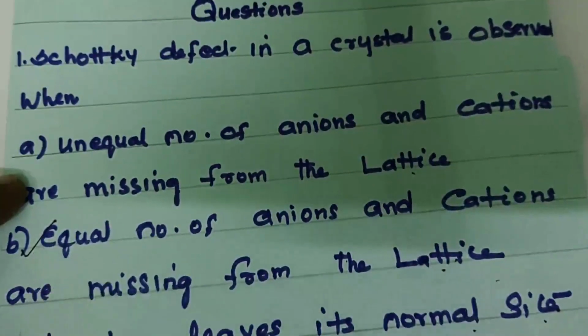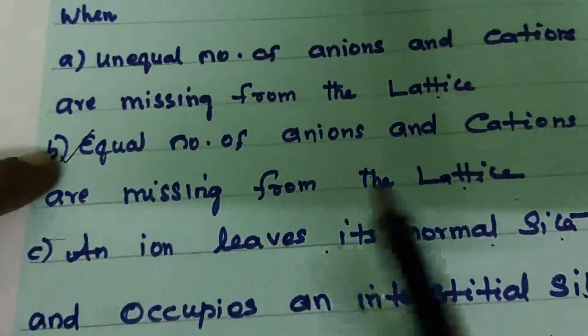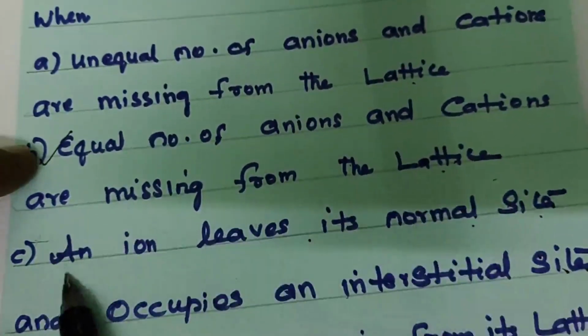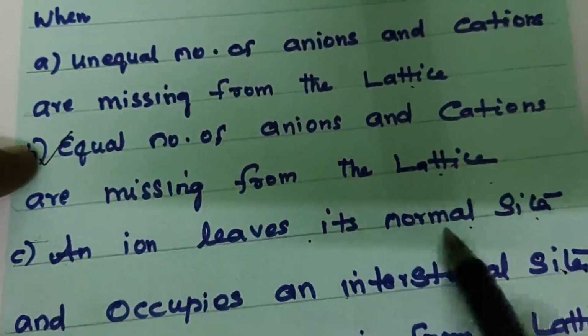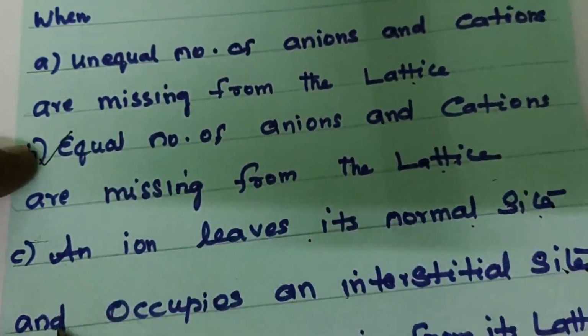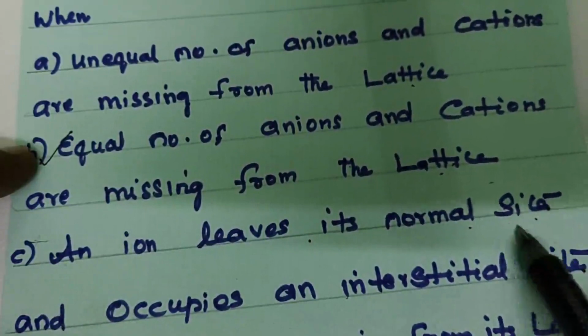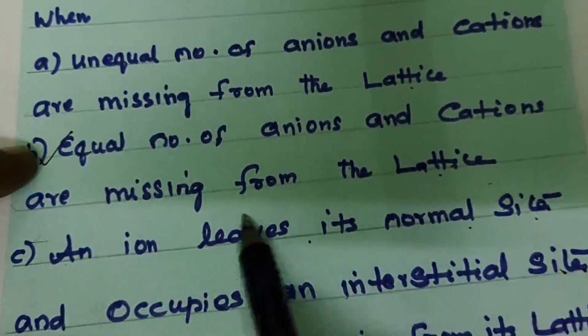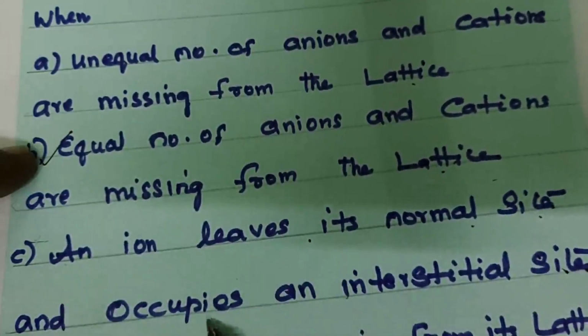Then C option, an ion leaves from its normal site. That is the wrong answer. An ion leaves from the normal site and occupies the interstitial site means which defect? Frenkel defect. The main point is dislocation of ions.